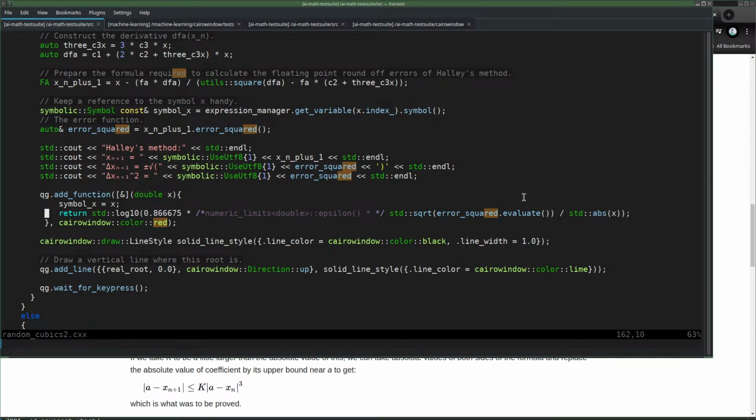Okay, so how do I get that value? Now, after assigning symbol x, you can evaluate something. I'm evaluating here the big formula, r squared.